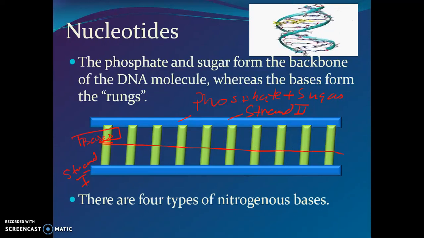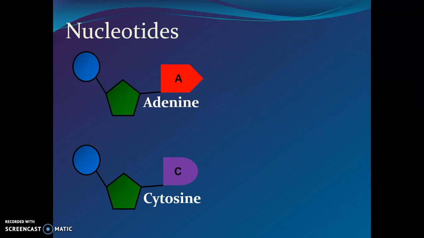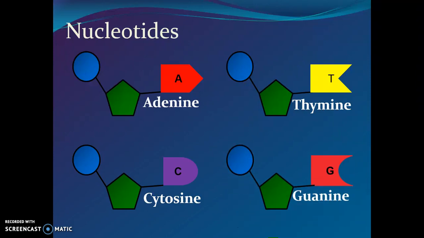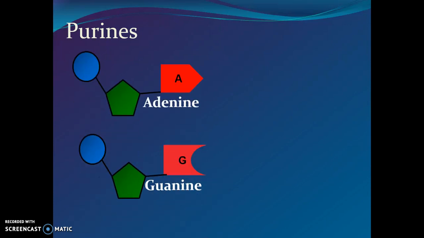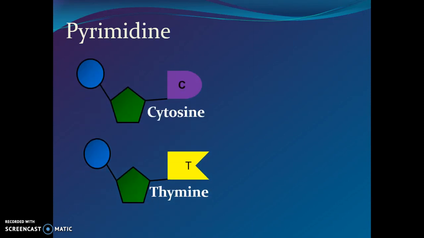Talking about the nitrogenous bases, there are 4 types which are part of the nucleotide. The first one is adenine, represented by letter A, cytosine, represented by letter C, thymine, which is T, and guanine, which is G. So there are 4 different types of nucleotide. Guanine and adenine are called purines, and cytosine and thymine are called pyrimidines.